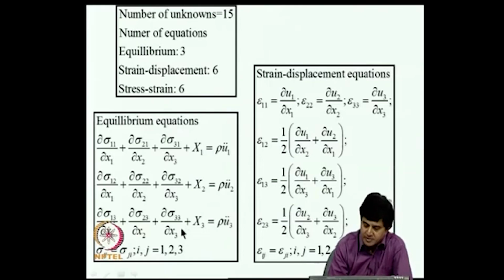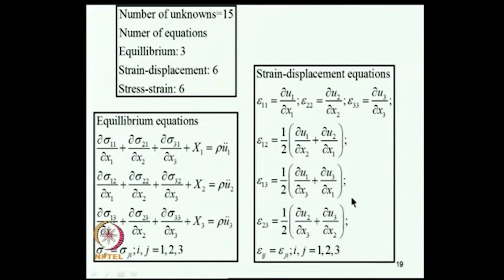The strain displacement relations are given through this set of formulae. Again strain epsilon ij is epsilon ji. These are normal strains, these are shear strains, the 3 normal strains and 3 shear strains. Now, for a Hookean material, the stress and strain are linearly related.